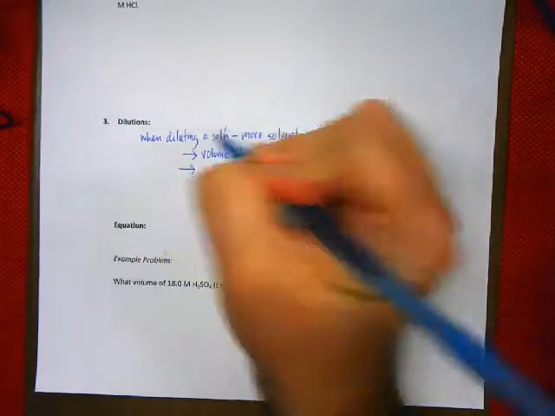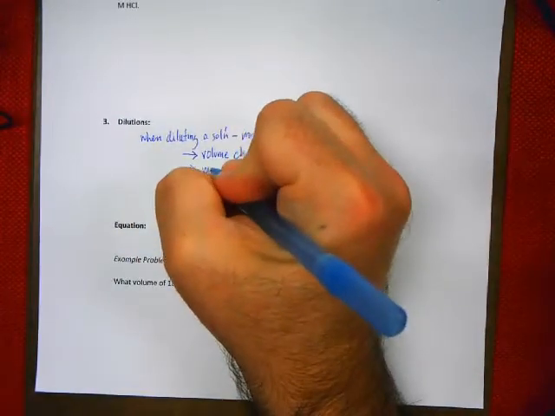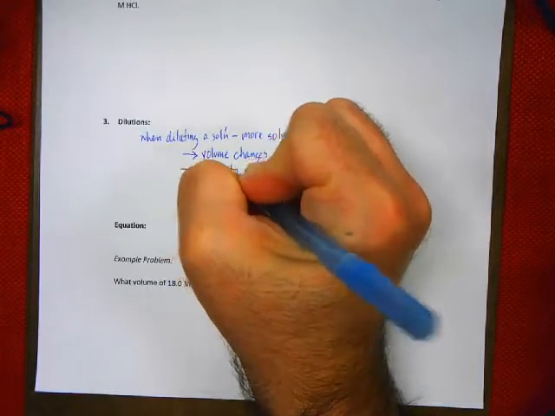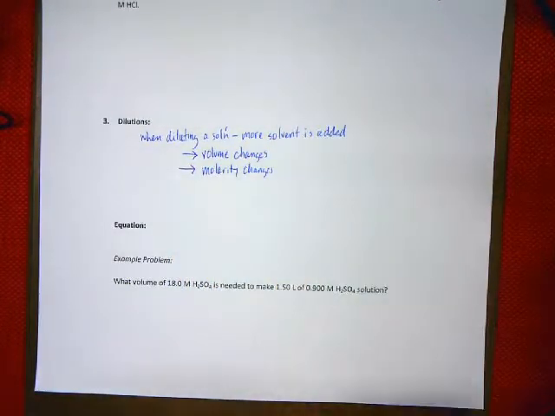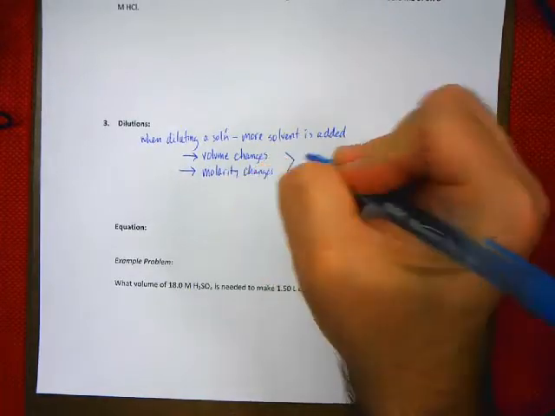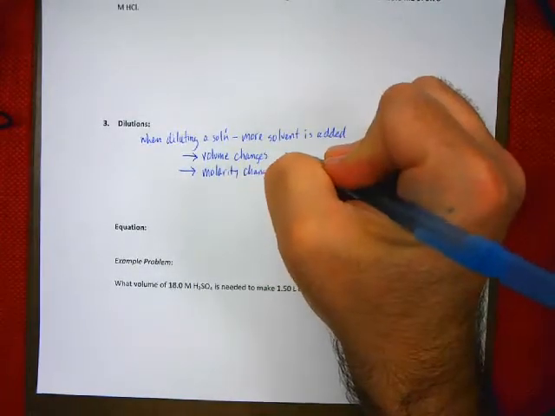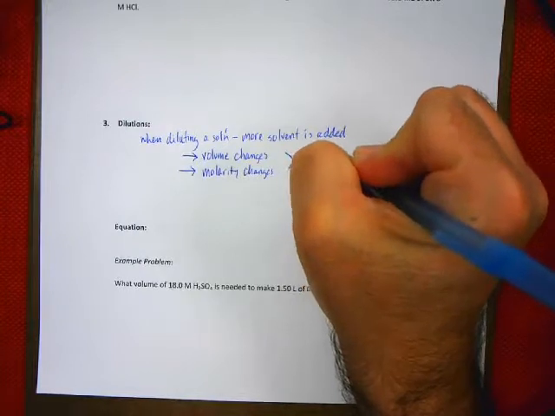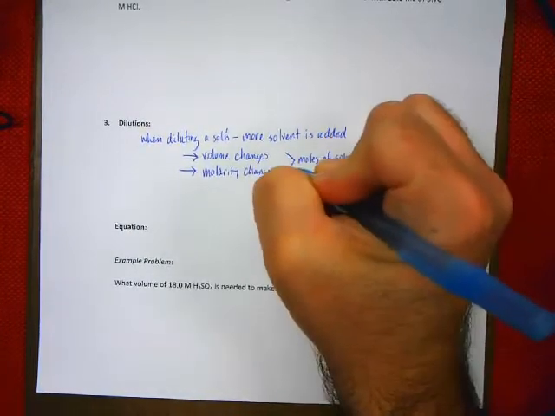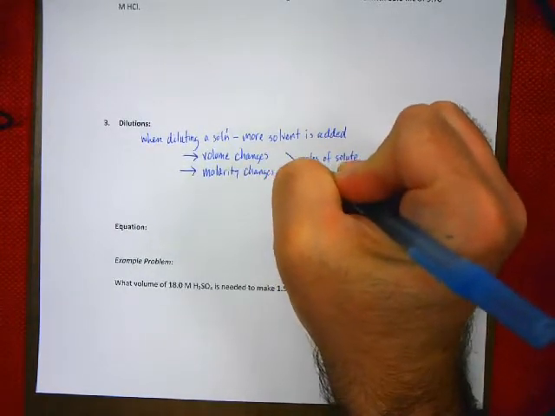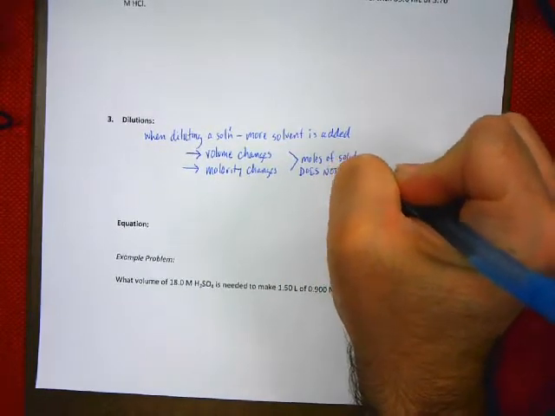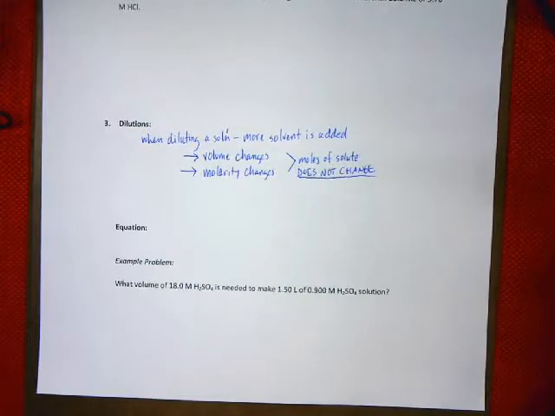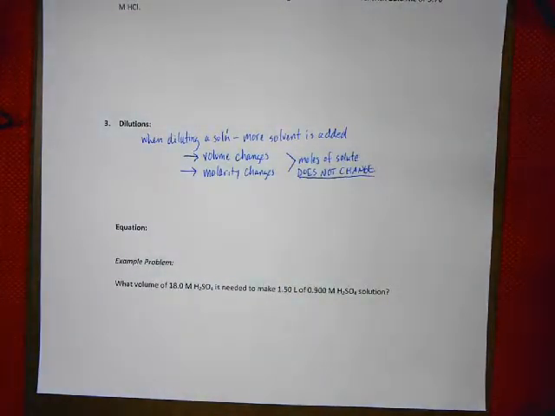If we change the amount of solvent, the molarity also changes. But one thing does not change, and that is the number of moles of solute. It does not change. So that quantity remains the same. We're just adding more solvent, not more moles of solute.